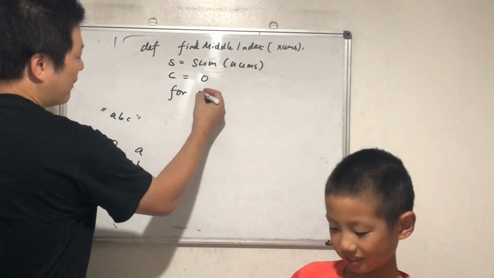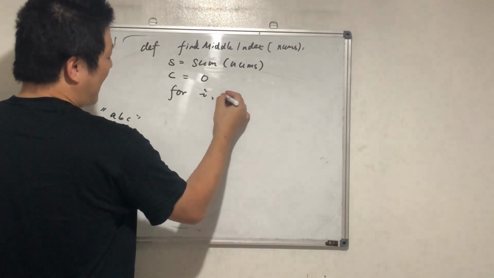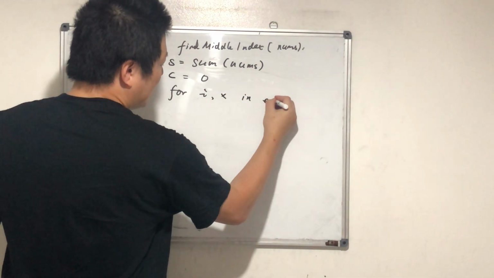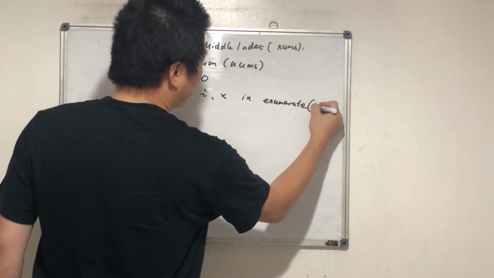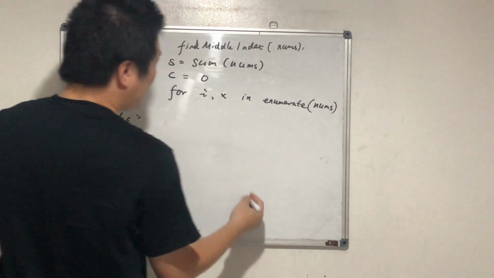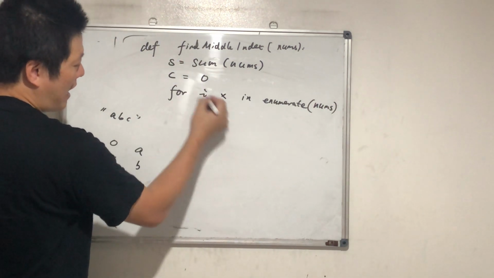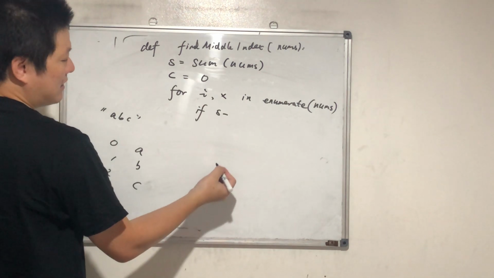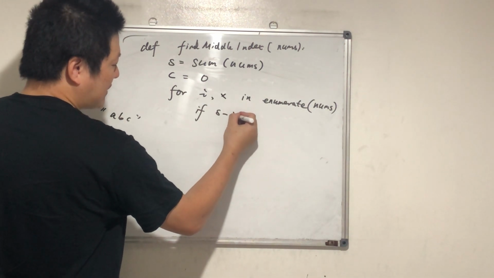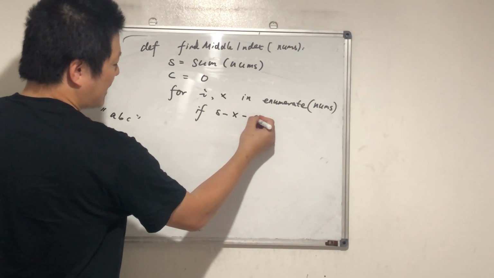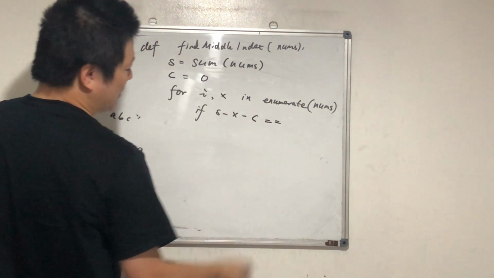Okay, so for i, x in enumerate numbers. First of all, we check if the sum minus the x minus c equals what?